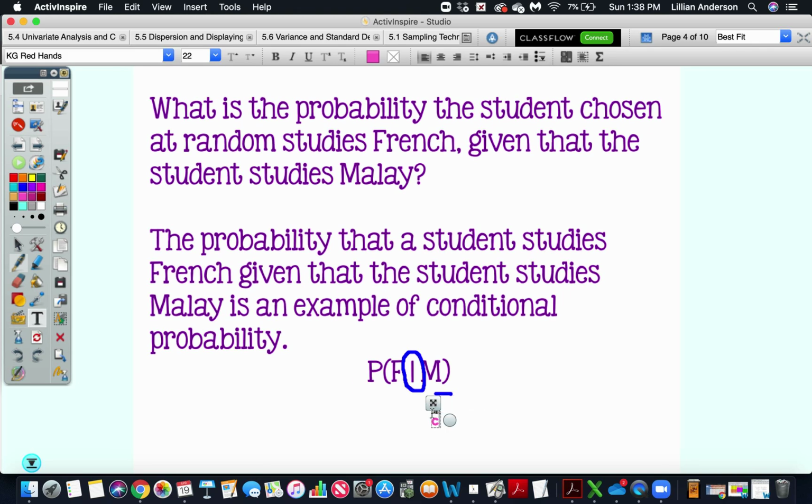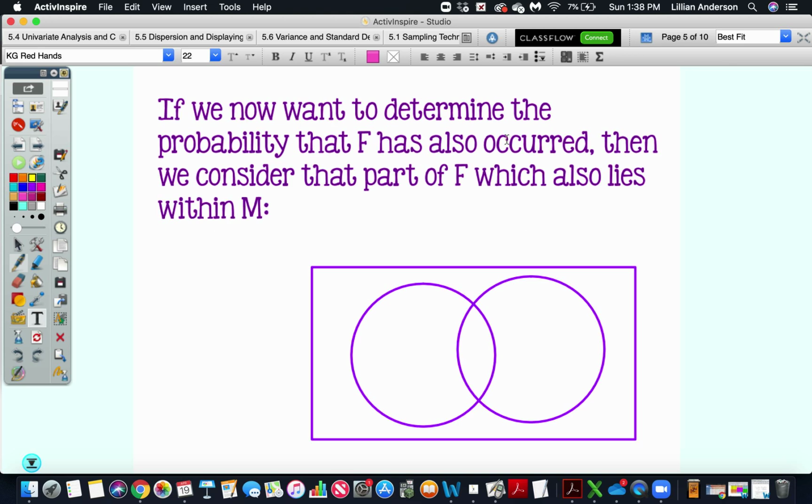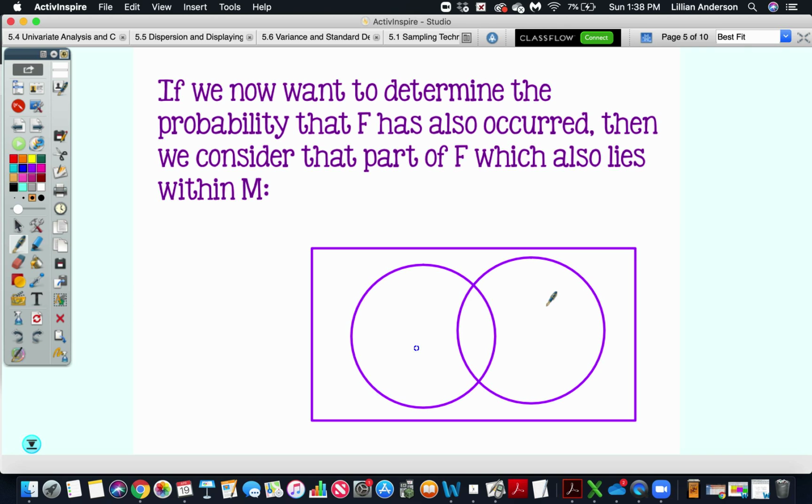That means that we're no longer looking at the entire universal set. Now we're only looking specifically at the students that study Malay. And so out of those students who study Malay, what is the probability that the student studies French? So we're basically determining the probability that F occurred when you're only looking at the Malay students.